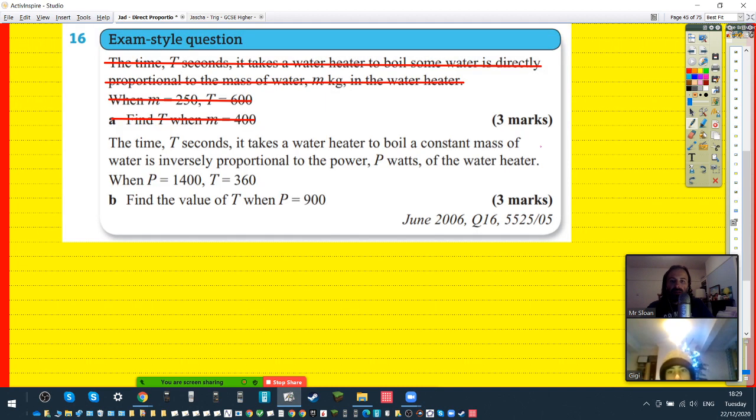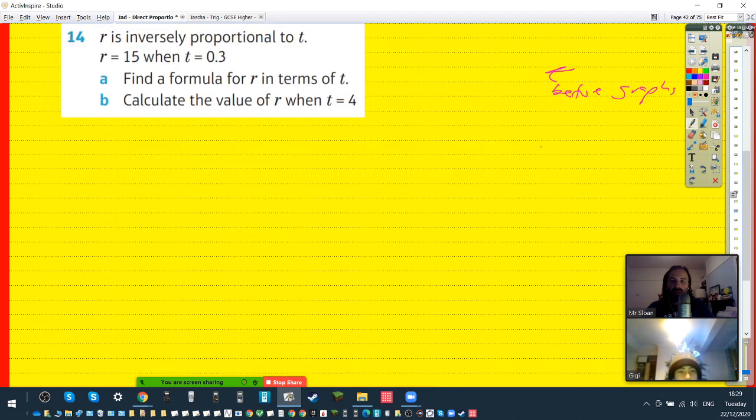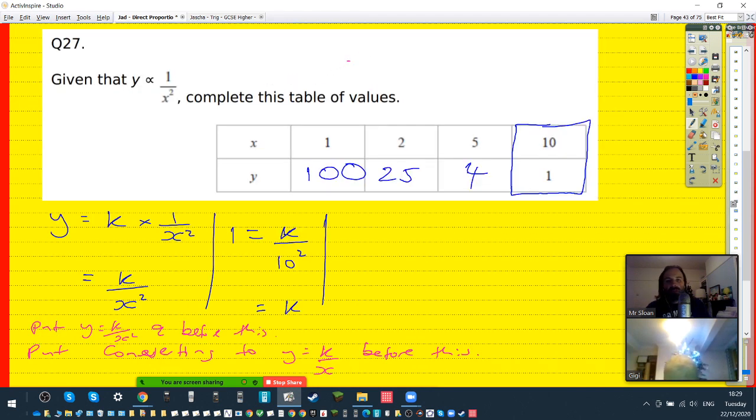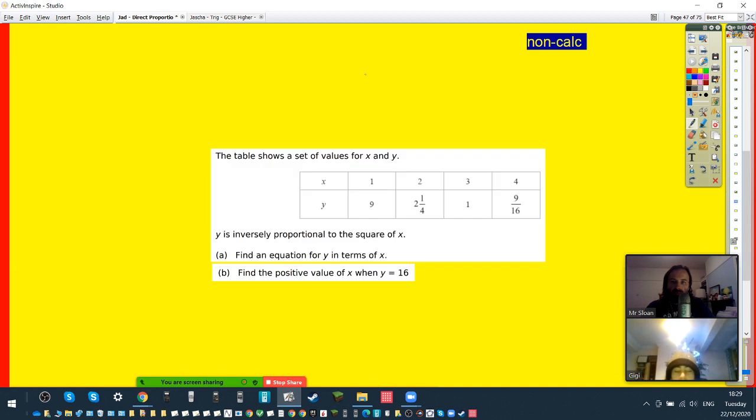So exam style question. It seems the same as all the others. Yeah, so this one just needs to be moved forward. Okay. Yeah, let's give this a go.